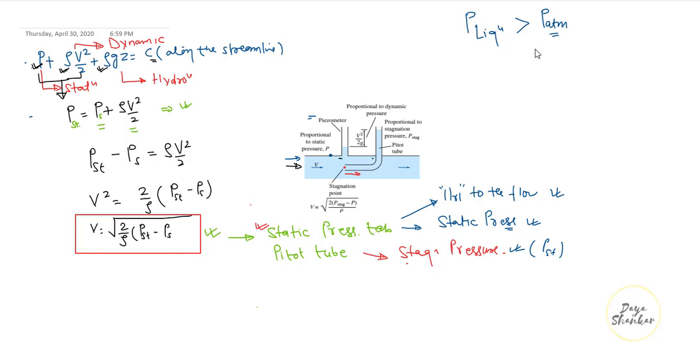Okay, suppose consider a situation in which the static and stagnation pressure of the flowing liquid are greater than the atmospheric pressure. Okay, a vertical transparent tube called, in that case, a vertical transparent tube called piezo tube can be attached to the pressure tab and to the pitot tube.